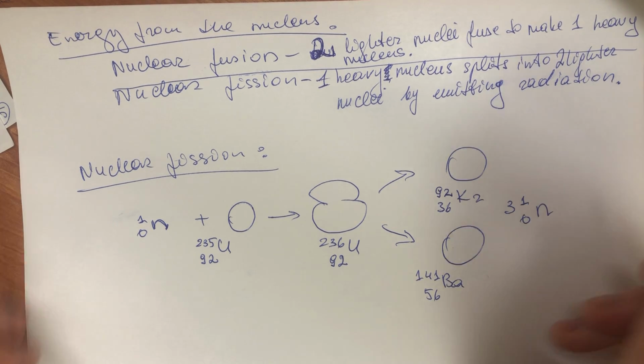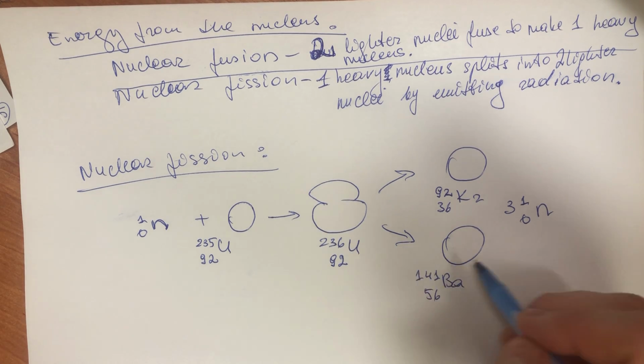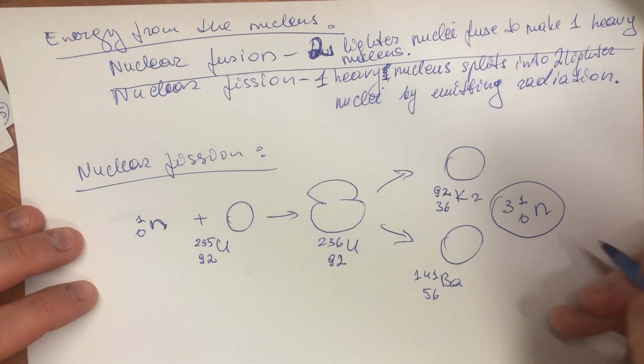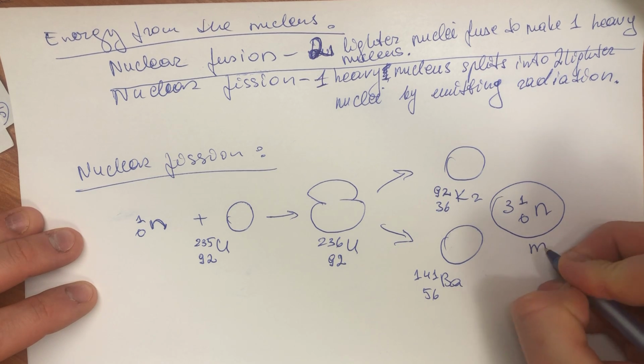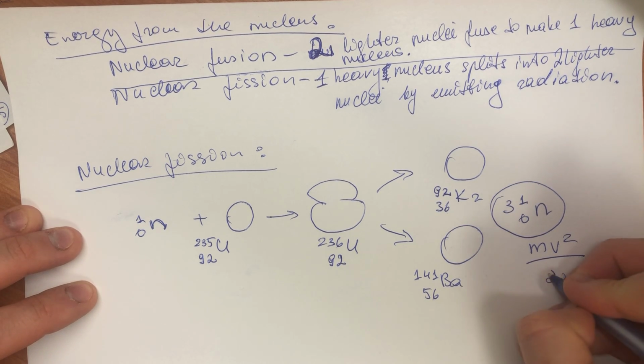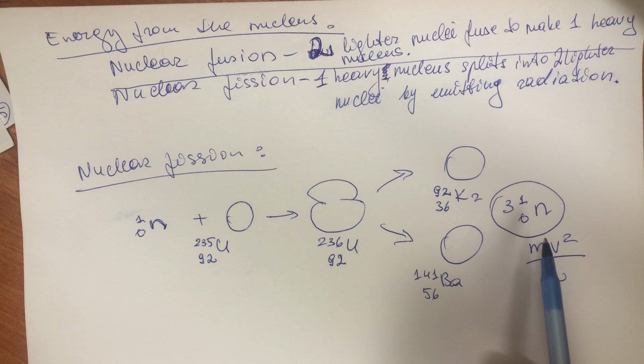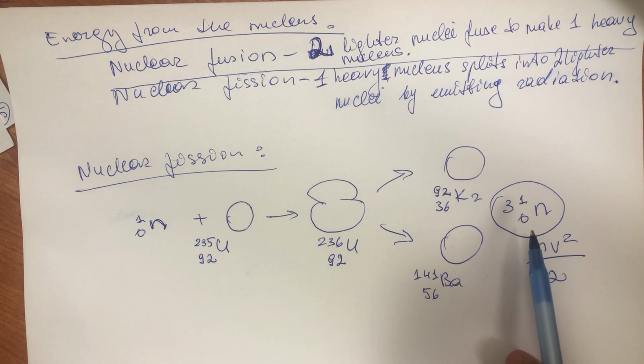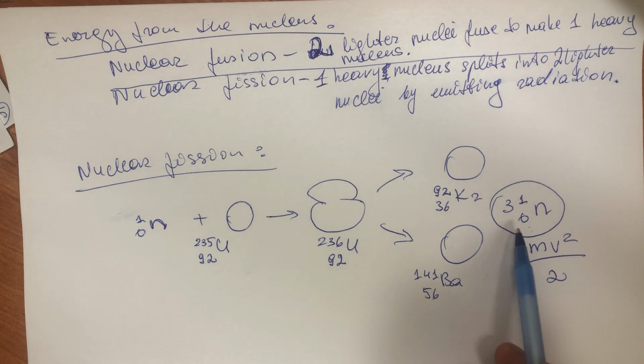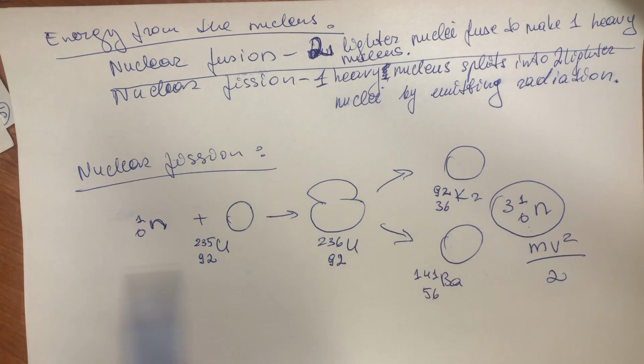The energy generated by nuclear fission is mostly released in the form of kinetic energy of these 3 neutrons, so they move at very high speeds.